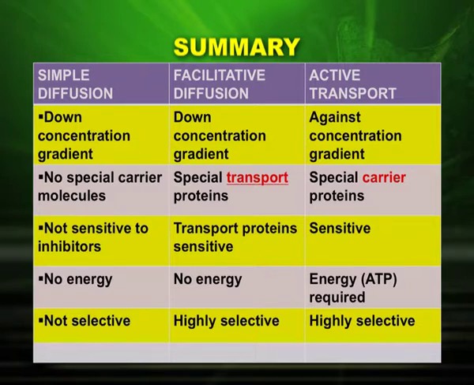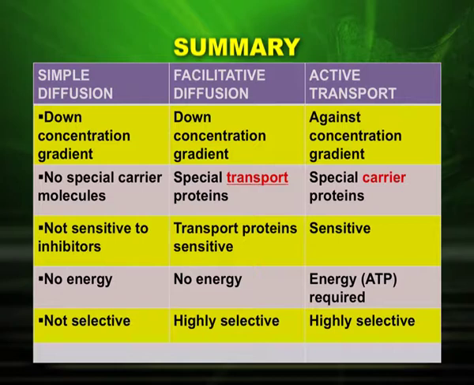In the case of simple diffusion, it is not sensitive to inhibitors. In facilitated diffusion, since there is a presence of proteins, the transport proteins are sensitive, and in active transport, again due to the presence of carrier proteins, it is sensitive.